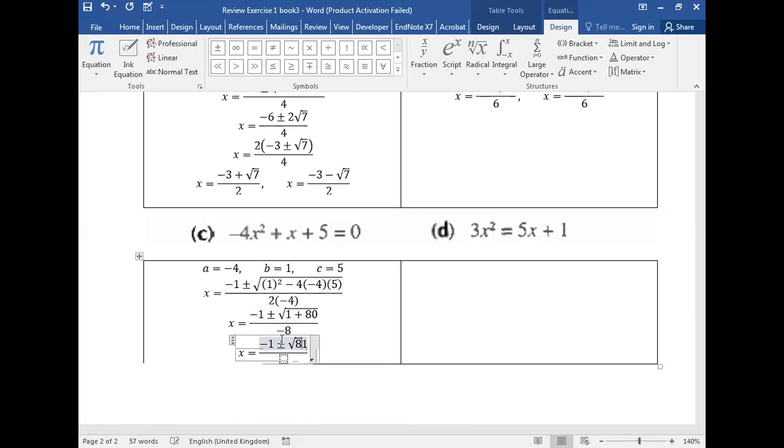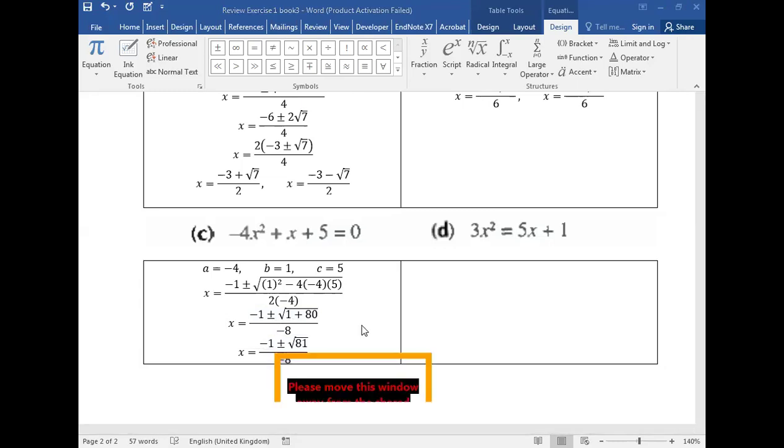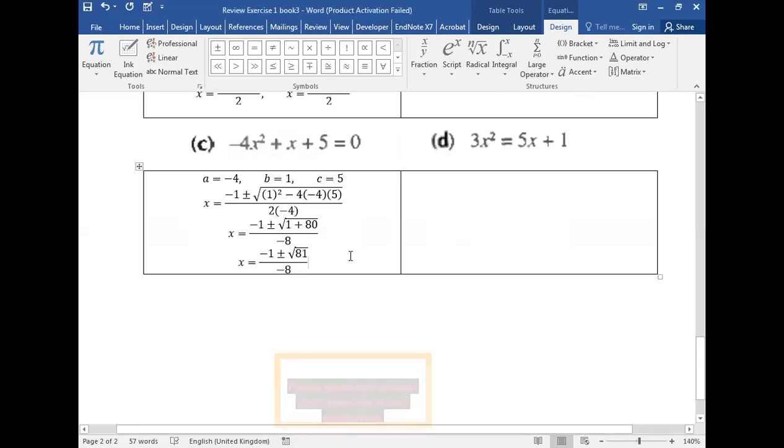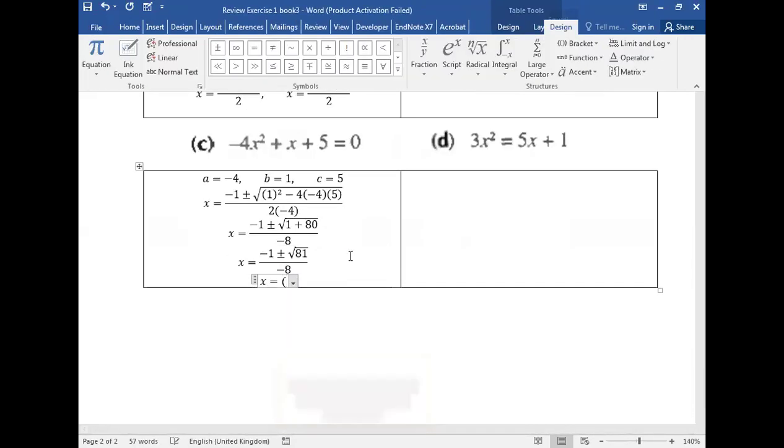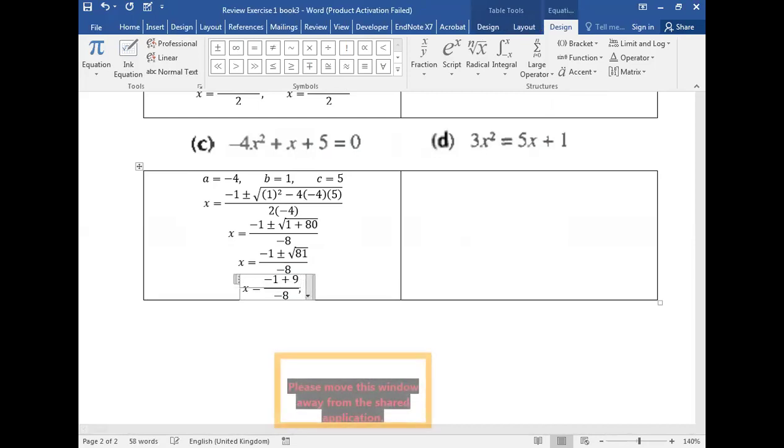Very good. फिर क्यों डरते हो भाई? Few people know everything, माशाल्लाह से. So what is there to worry about? So what do you get? X is -1 plus 9 upon -8.